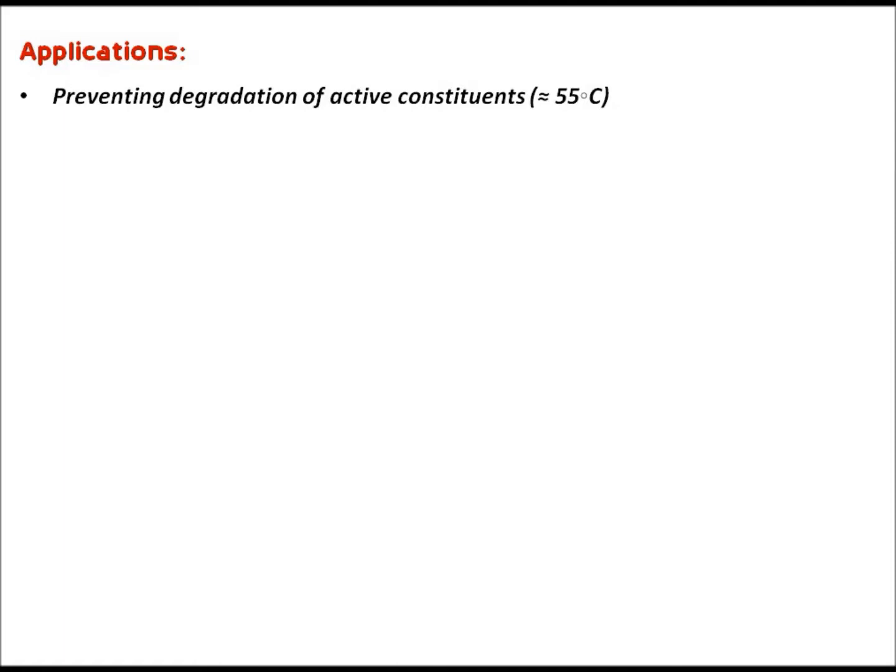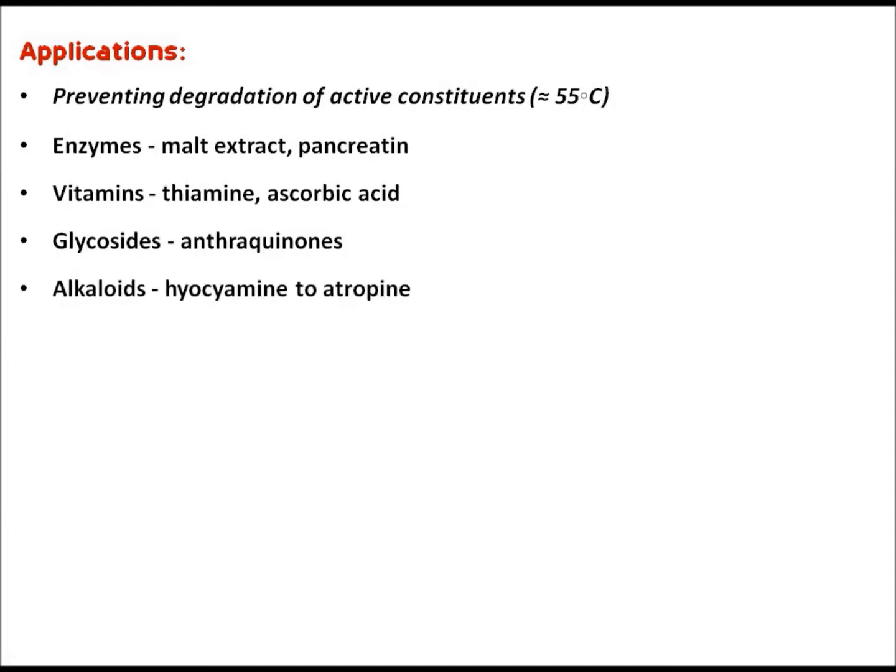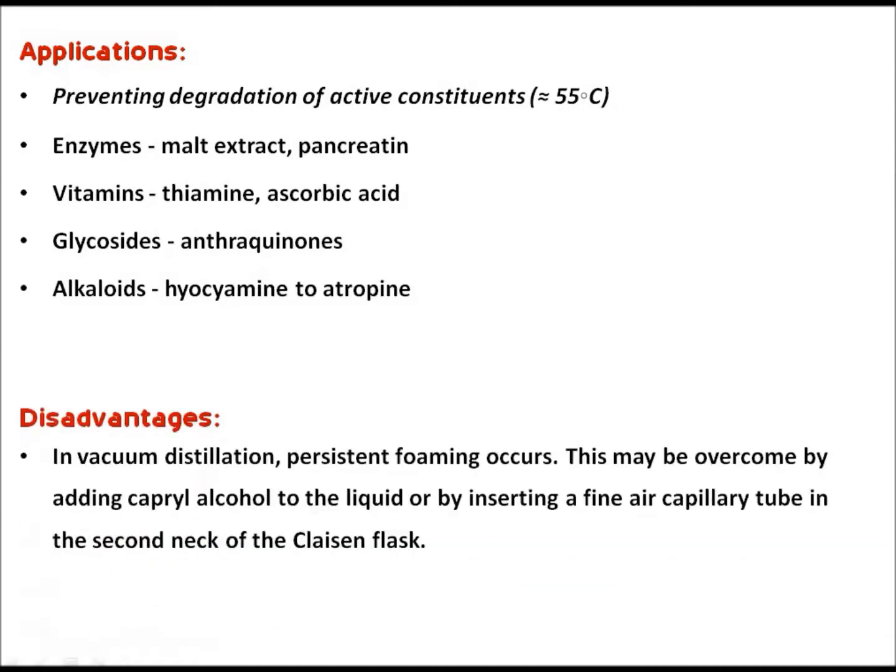If we lower the boiling point, the active constituents will be prevented from degradation, right? Next, it is used for enzymes like malt extract, pancreatin preparation, right? Vitamin preparations like thiamine and ascorbic acid, glycosides like anthraquinones, alkaloids like hyoscyamine to atropine. These are all produced by using this apparatus.